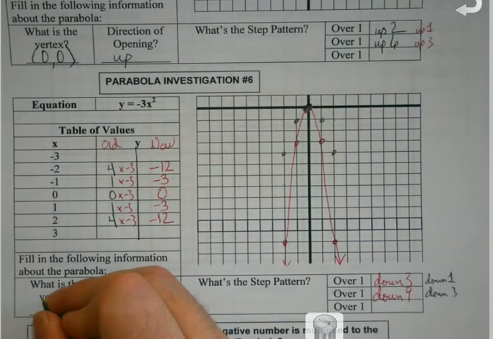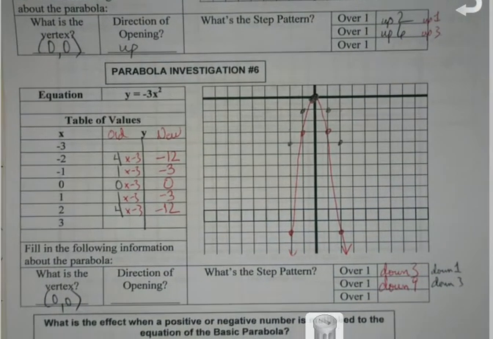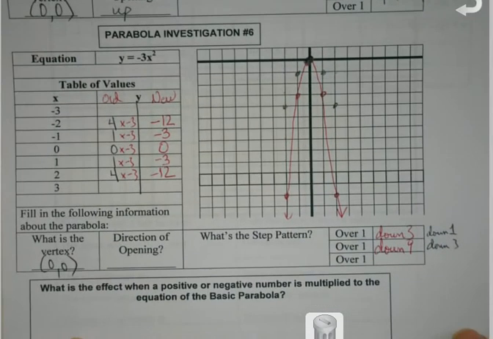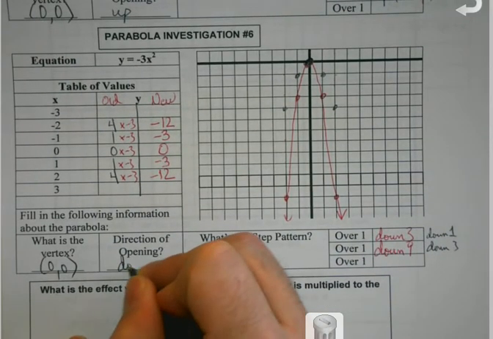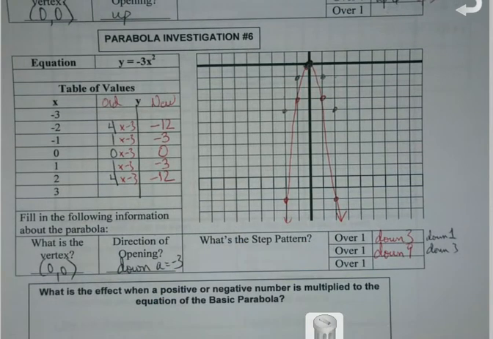My vertex still didn't change. So when I multiply my basic graph by a number in front, when I have an a value, this time it opened down because my value in front was negative. So what effect does that have?